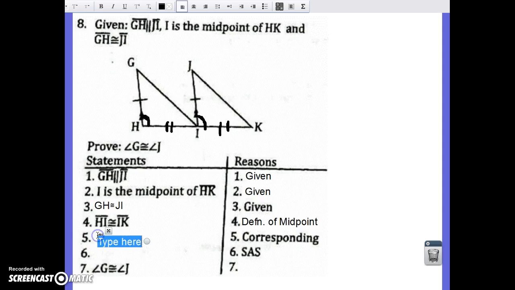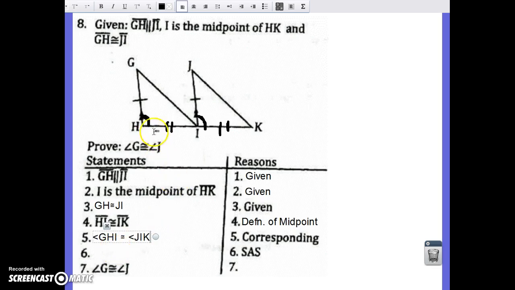In our case, angle GHI is congruent to angle JIK. The reason why I had to say that is because this is a certain side of I. I is sharing two angles, and actually three, but it's showing two angles in two separate triangles.